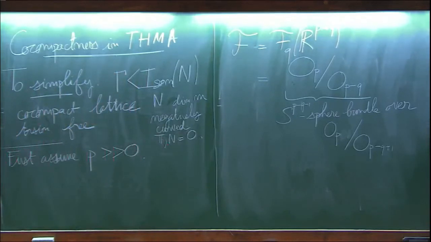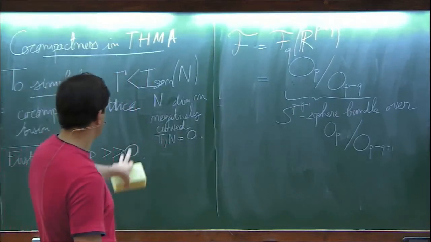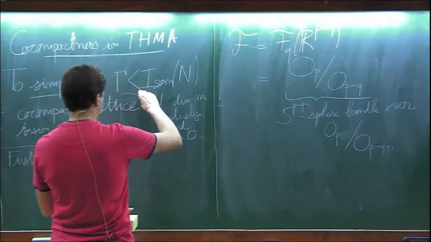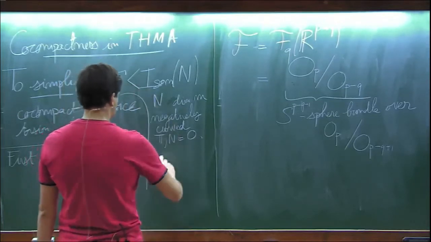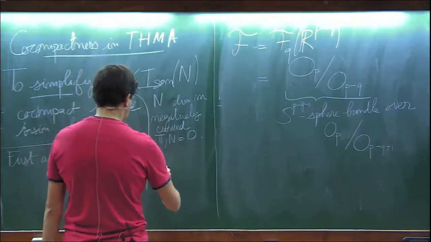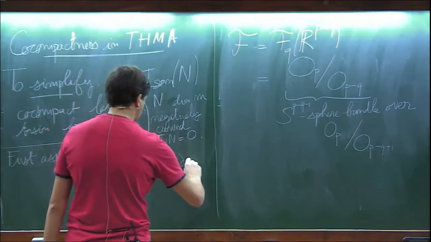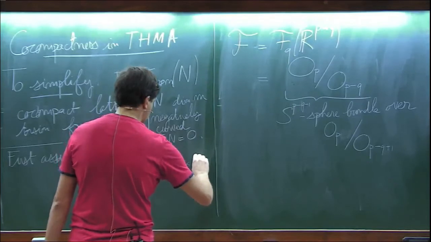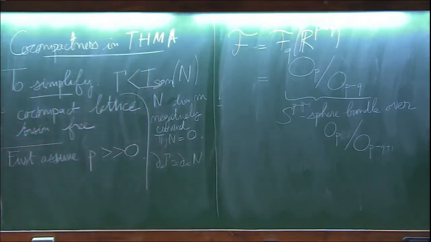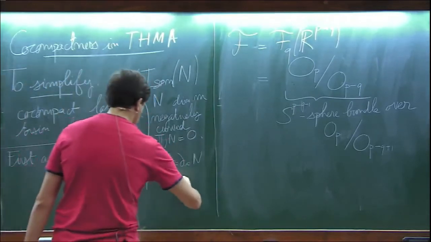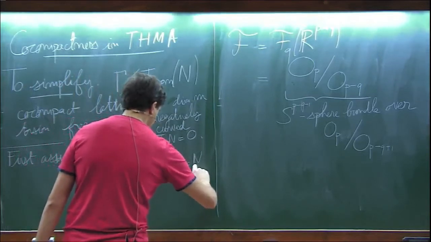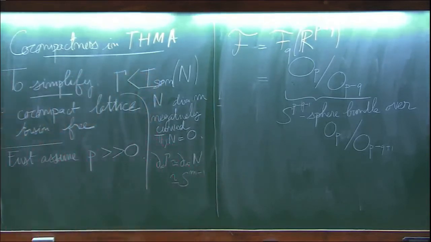I will not need any more than that. In fact, what I really need is that the boundary at infinity of gamma is really the boundary at infinity of N, which in this situation is a sphere of dimension n minus 1. Good.